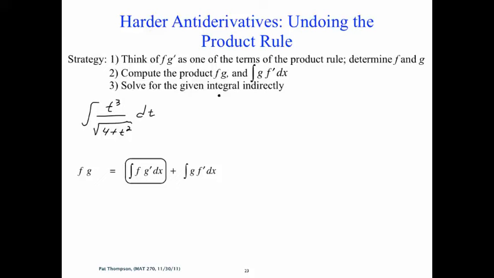Okay, so we're going to look for what's f and g prime. But in the past we've done this. We said, okay, we'll make that t cubed, and then this will be the 4 plus t squared.